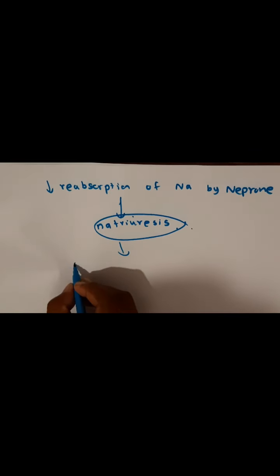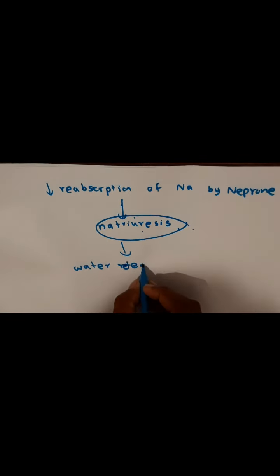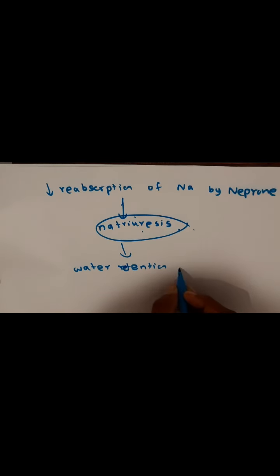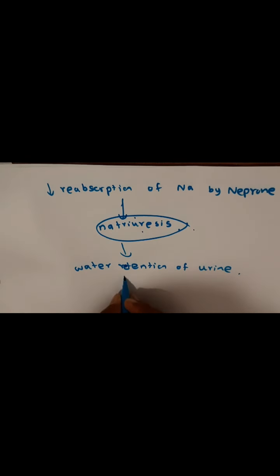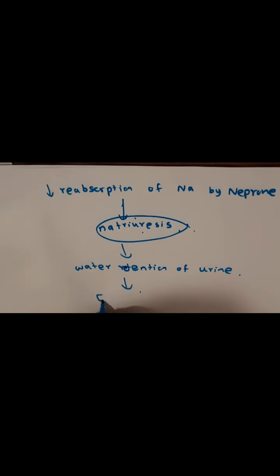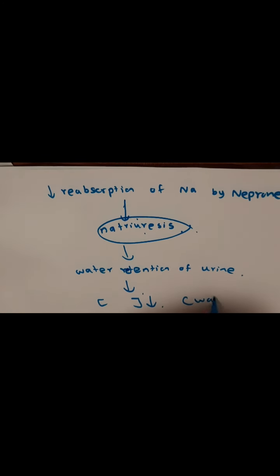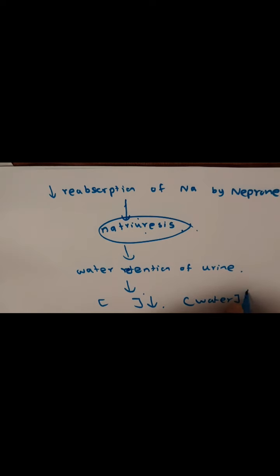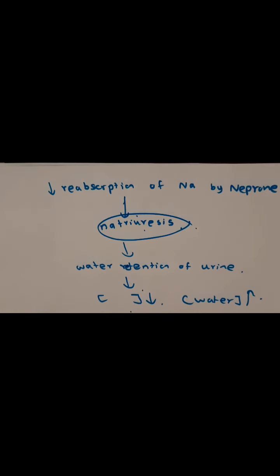Because of this, water retention in the kidney occurs, and the urine concentration may lower by increasing the water concentration. That makes the kidney produce more urine.